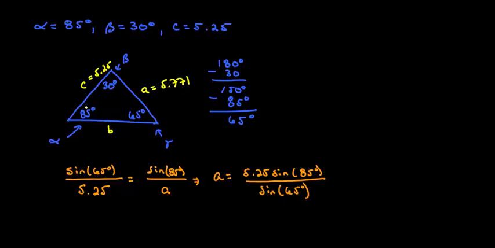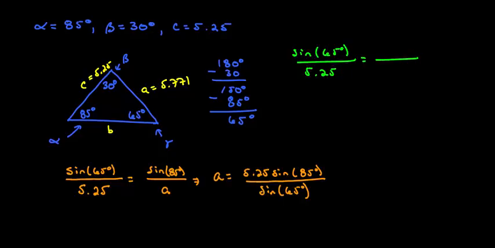Now let's find B. Since B is the shortest side of the triangle, because it's opposite the shortest angle, which is beta at 30 degrees, B should be the smallest, so it should be less than 5.25. So let's do that over here in green. Now I could use the 5.771 and the sine of 85. However, it's going to be more accurate if I use the sine of gamma, so the sine of 65 over 5.25 again.